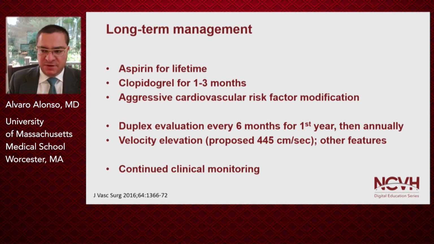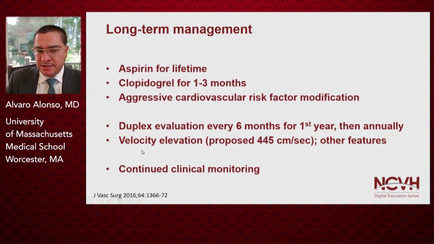We don't have specific data with regards to low-dose rivaroxaban in patients with mesenteric ischemia, so we cannot really give a recommendation about that. And it's just very aggressive cardiovascular risk factor modification. During the first year, patients should have a baseline or a new baseline, and then a duplex every 6 months for that first year. And then the duplex should be repeated every year.